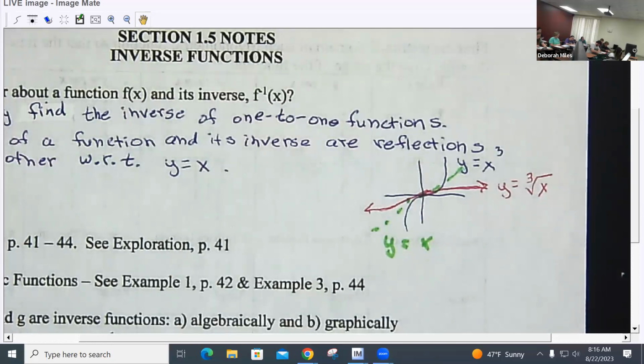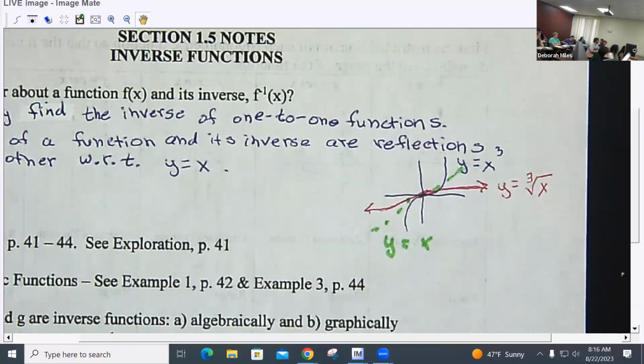Those of you who know me know how difficult it is for me to flip something in my head. Honestly, if I didn't know what x cubed looked like, I wouldn't be able to take that and just flip it diagonally. I can flip something horizontally, I can flip it vertically, I can't flip it diagonally, but I just happen to know what y equals cube root of x looks like.